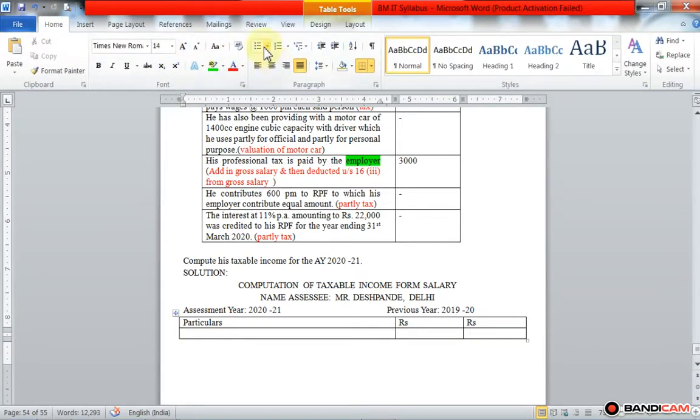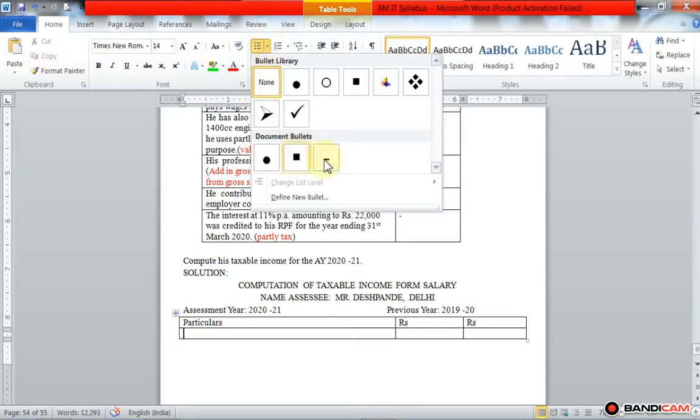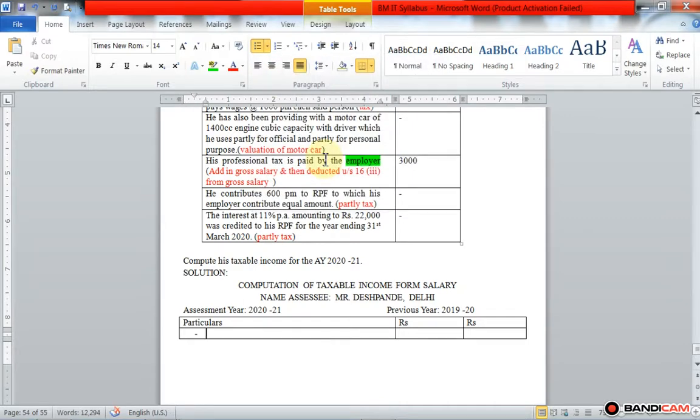So the first point is basic salary. Now we compute the salary. Salary includes basic salary, or basic pay. Basic pay is given as 1000 per month.